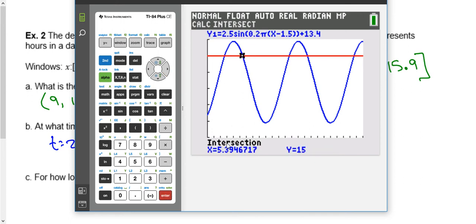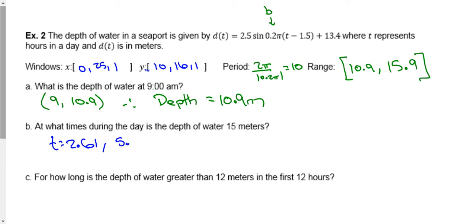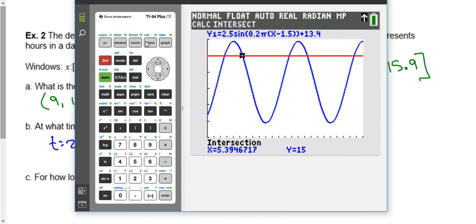Enter 3 times, 5.39. Second trace option 5 again. We got 3 more to go. And if this ever happens to your graph where your cursor is just following that line and you didn't want that, you can hit your up and down arrow to switch between graphs, and that might just speed things up. 10.61, or sorry, 12.61.